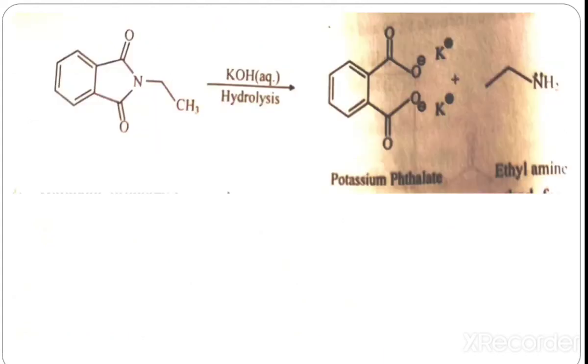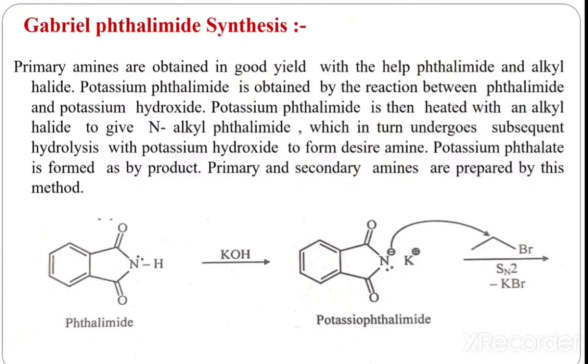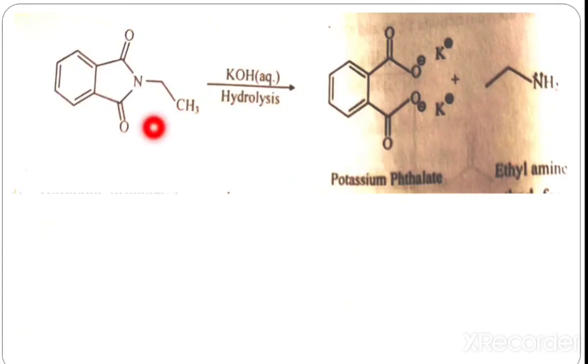That means we can synthesize primary and secondary amine. That means here in the next step the N-alkyl phthalimide is treated with potassium hydroxide. That means under the hydrolysis we get the potassium phthalate as a byproduct, and finally we get CH3CH2NH2, the ethylamine, as a final product.